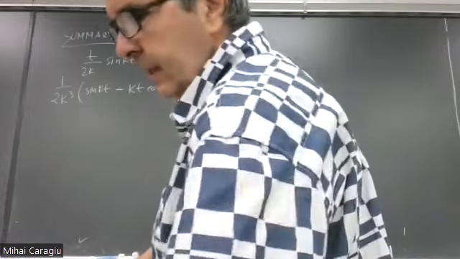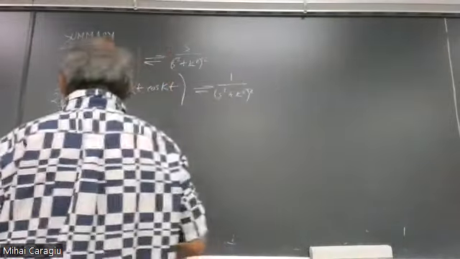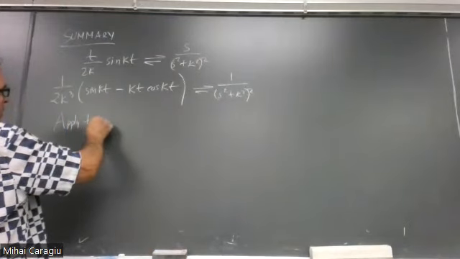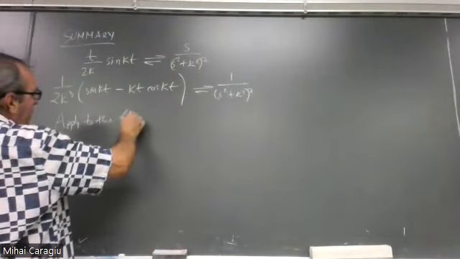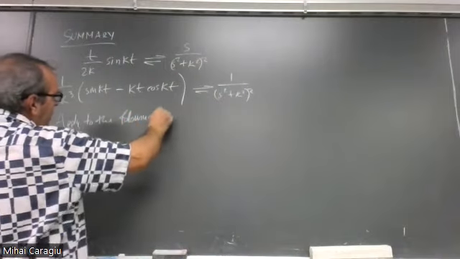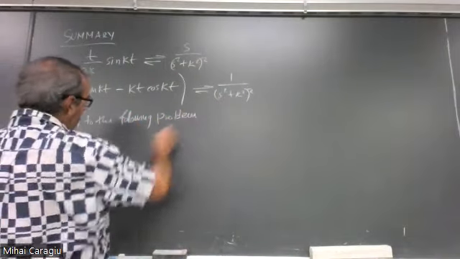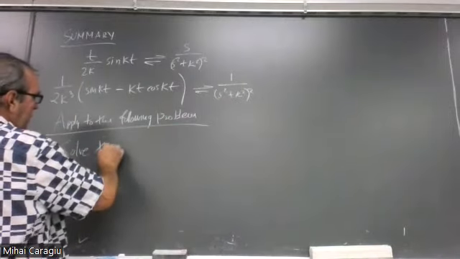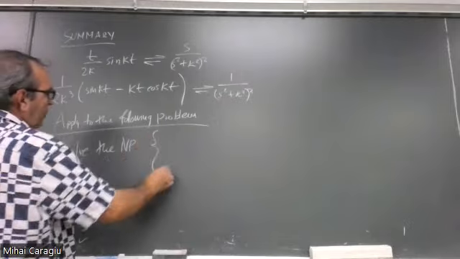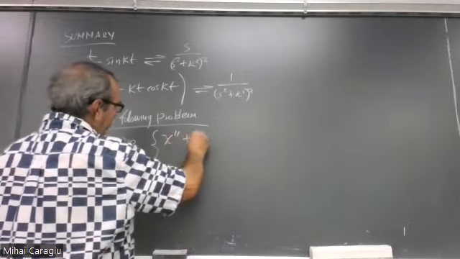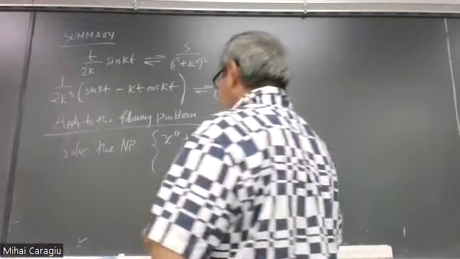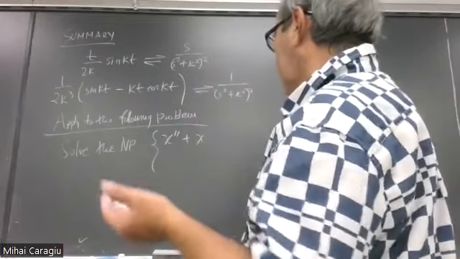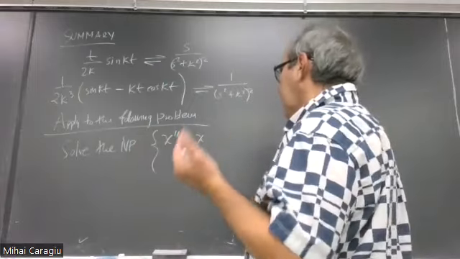So now applications. Let's try to apply the following problem. Solve the initial value problem, solve the IVP. x second plus x. Again, from this moment on, practically, the unknown function in the differential equation is no more y depending on x, it is x depending on t.